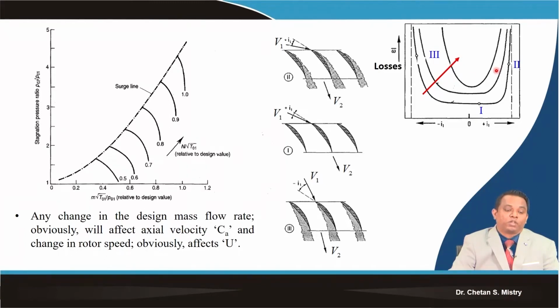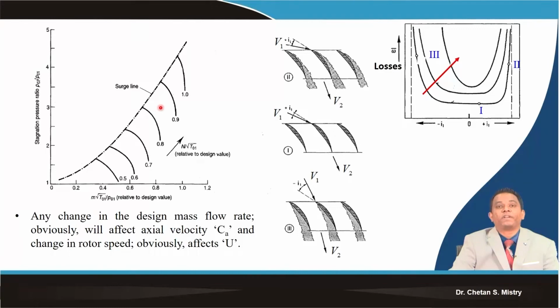We have discussed that we need to have our engine operate near the surge line, but not exactly on the surge line. If it crosses the surge line, the engine will fail. Okay, and that is the reason why these losses are always very important.